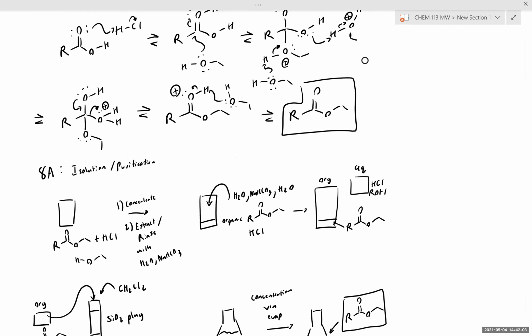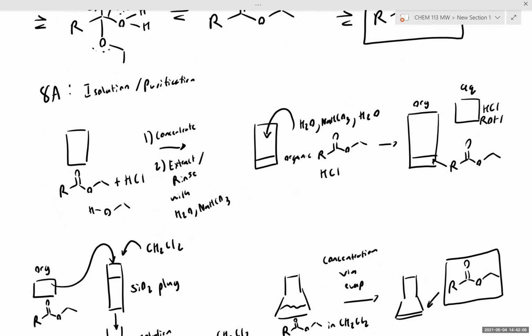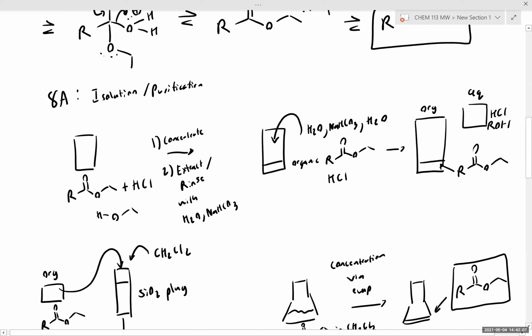Okay, so once we've generated our ethyl laurate product, let's talk a little bit about how the product will be isolated and purified. First, we're concentrating our reaction mixture and then extracting and rinsing it with water and sodium hydrogen carbonate.